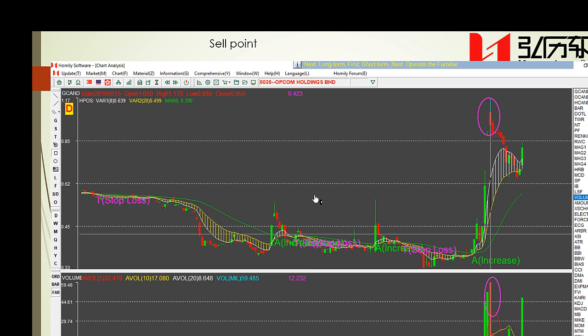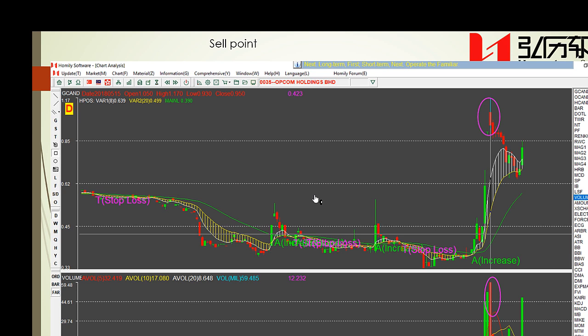From here, we can see this day it got up. We can see it is very far away from here. Here is the price, and here is the white line. So the price is very far away from the white line. Usually the price will tend to go back to the white line.